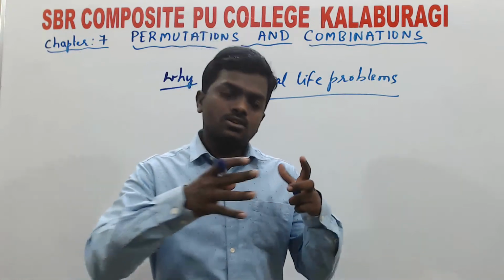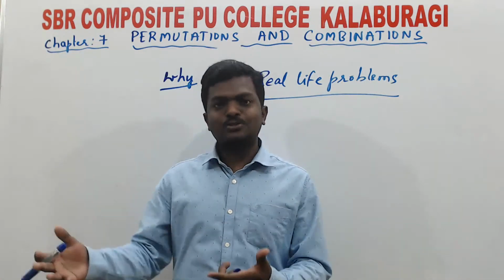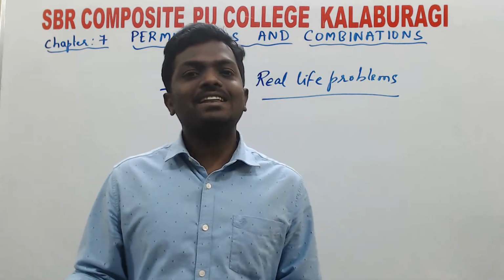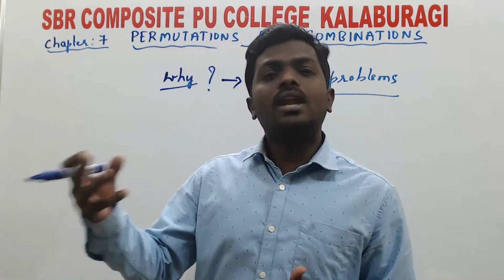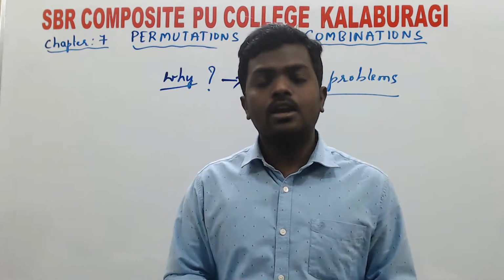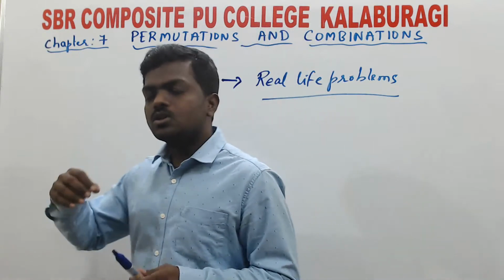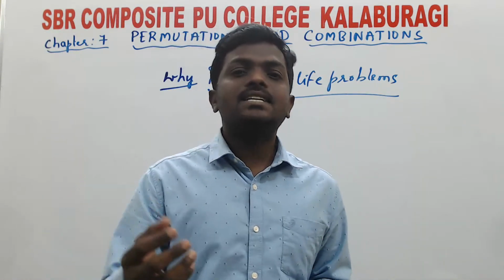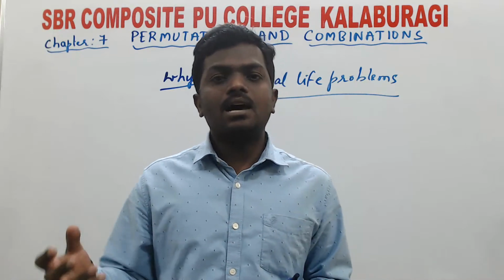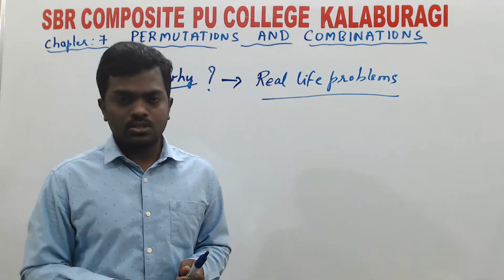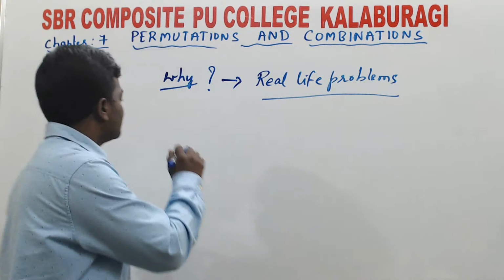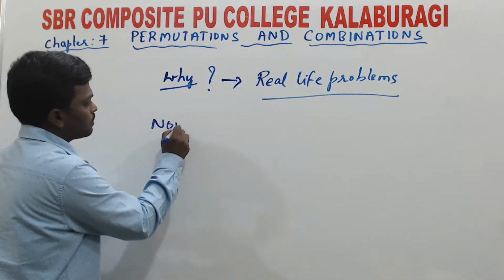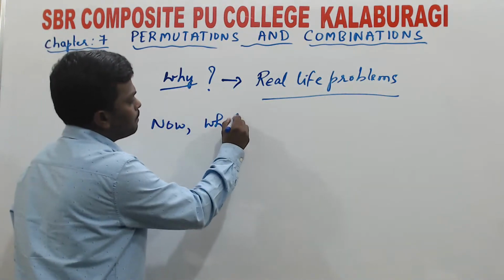So it's not just important to score marks, but also we can solve our day-to-day life problems. It will be easier if we understand with some illustrations, examples, or scenarios. So firstly, what is permutation?